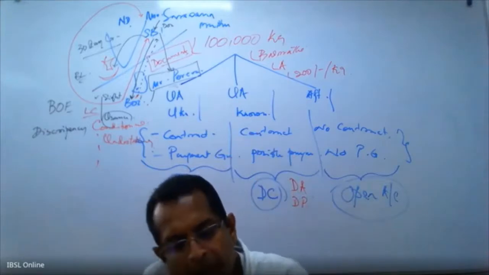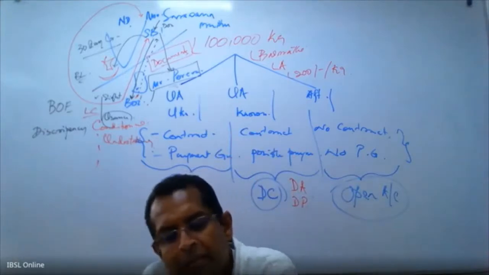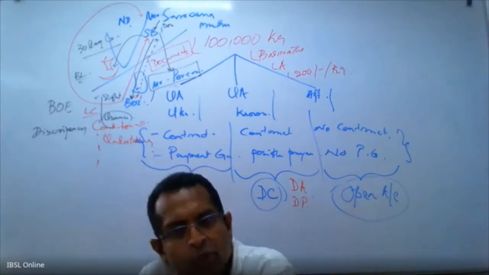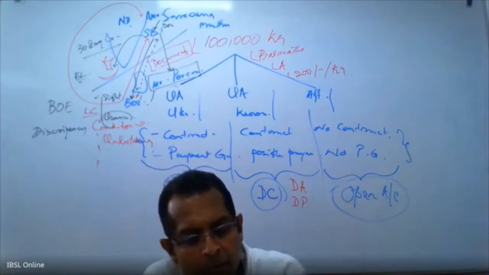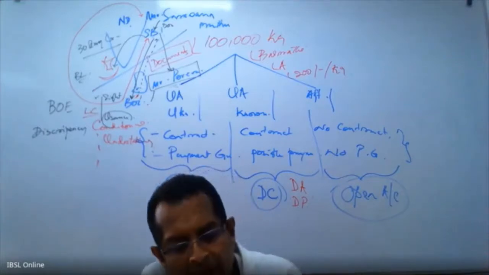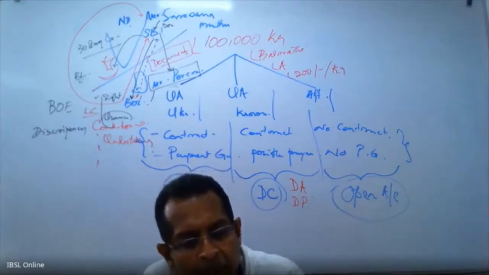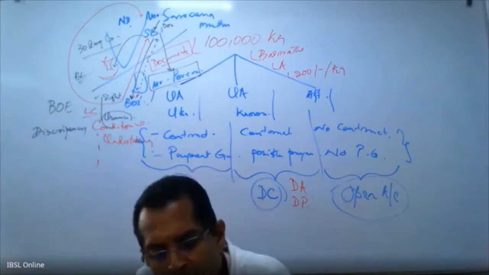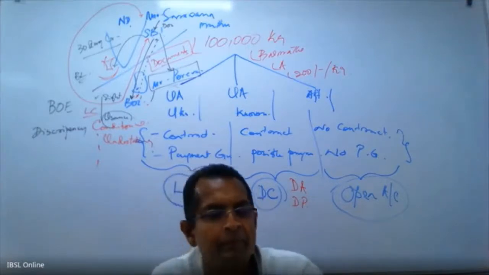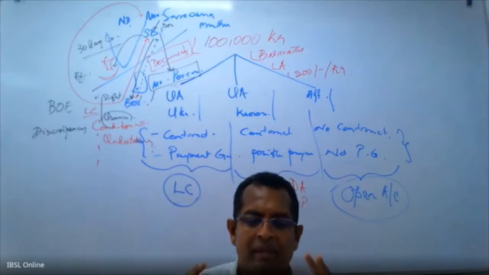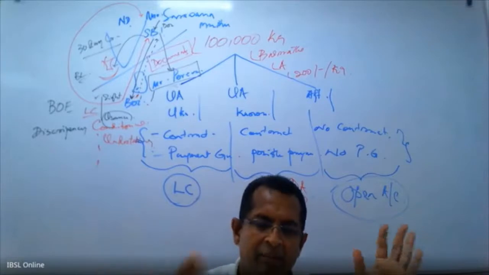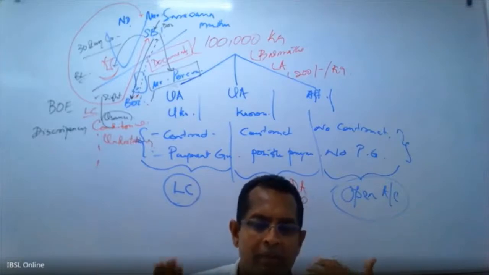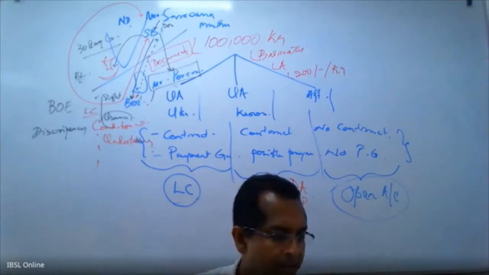We have LCs paid, but the customer needs some time to repay. So we are giving a credit facility to pay the LC, or to pay the DP bill or DA bill. This credit facility is called post-import finance. Different banks use different names. I use the general term post-import finance.